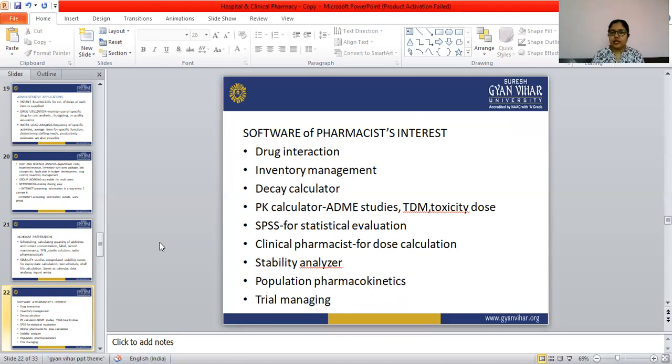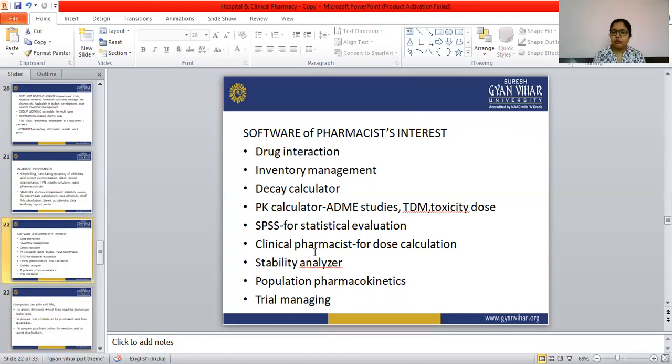SPSS for statistical evaluation, clinical pharmacies for dose calculation. For all these purposes, there are lots of software available. For calculating the dose, for statistical evaluation, for stability analyzer, population pharmacokinetics, trial managing.